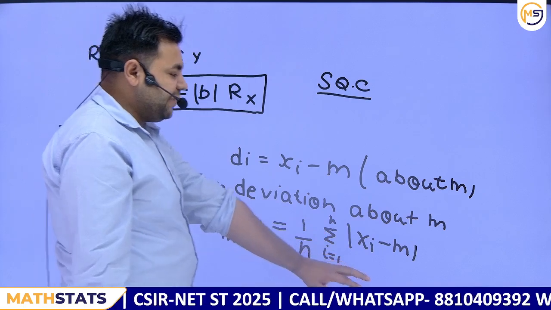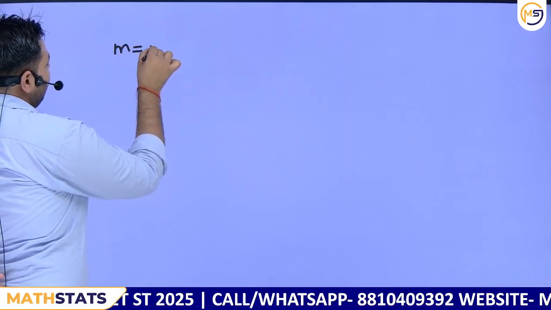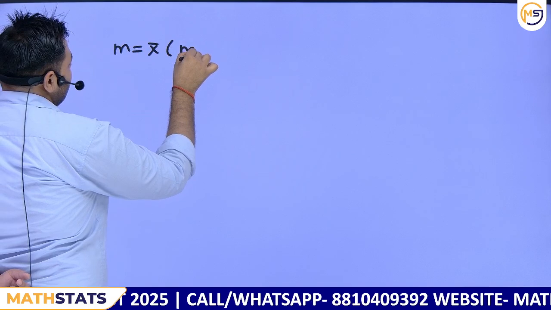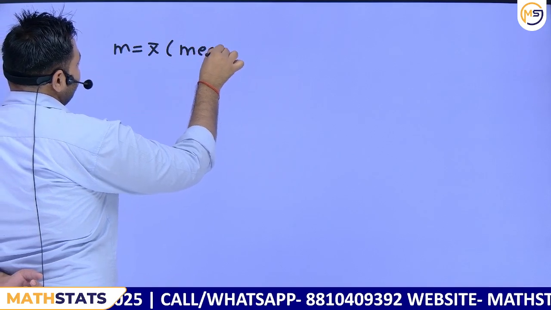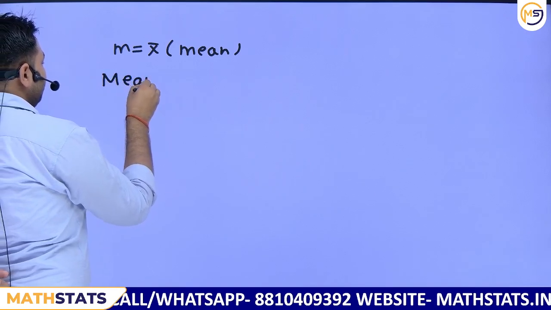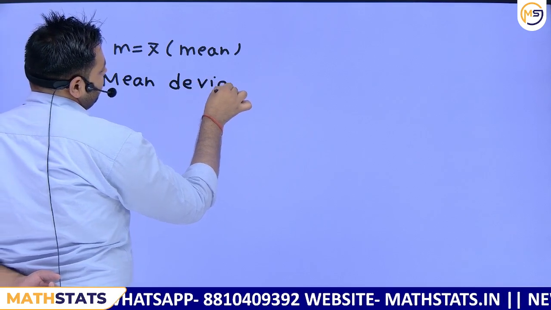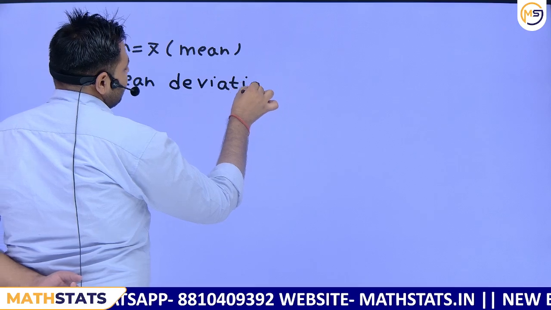Now we are putting the value of m equal to x bar and median. If m equal to x bar, that means mean, then we find mean deviation about mean.